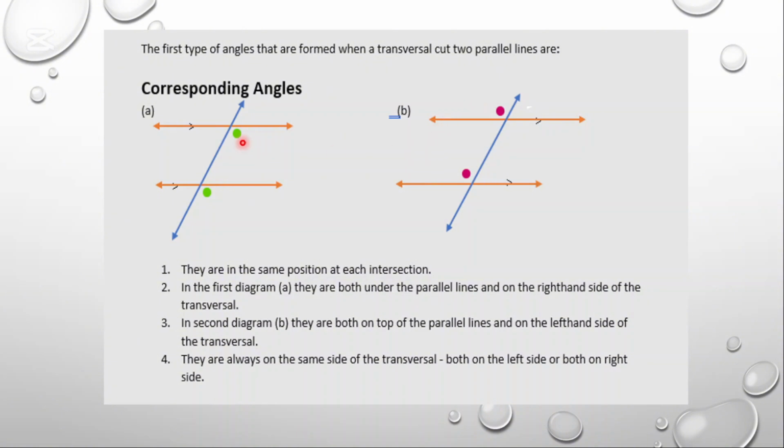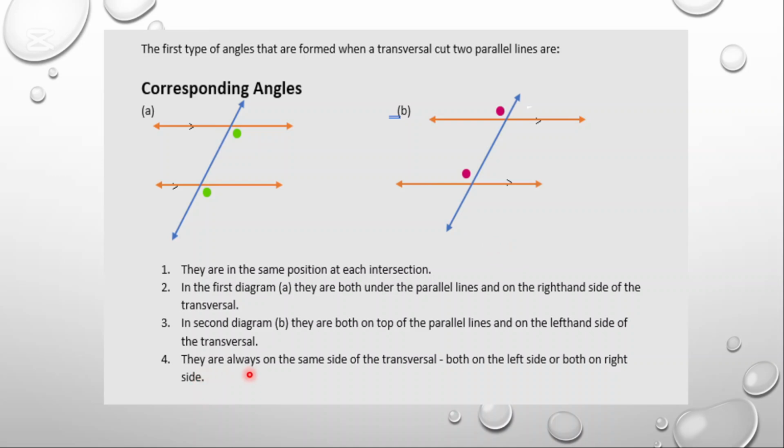Okay, number one, same position. Two, both under the parallel lines and on the right hand side. Or above the parallel lines and on the left hand side of the transversal.